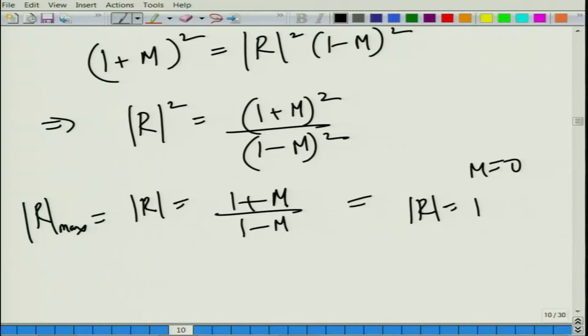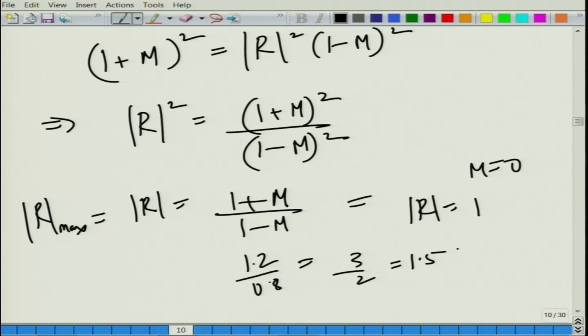But all I am trying to say is that in the chamber it might be even lesser. So, under such a situation, with a non-zero M, let us say it is about 0.2. We have basically 1.2 divided by 0.8. How much would that be? 3 by 2, that is about 1.5. The reflection coefficient would be about 1.5.